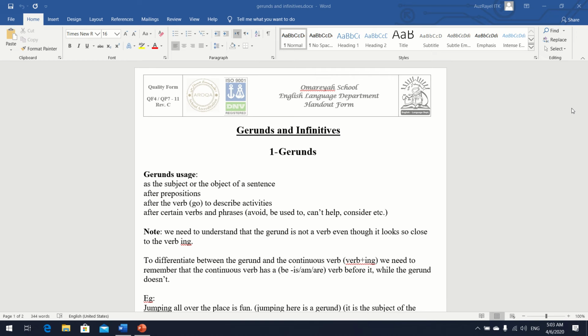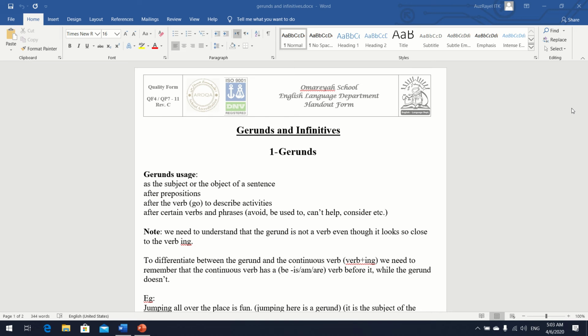The first is the usage of each of them. When do we use gerunds and when do we use infinitives? You need to memorize and understand the usage of each of them. The second is the form that they come in.